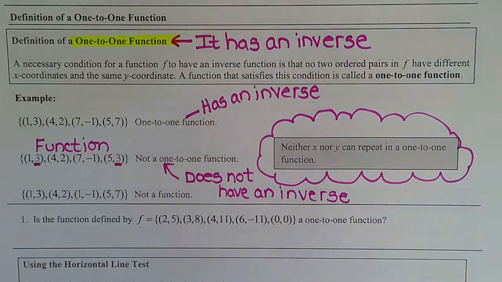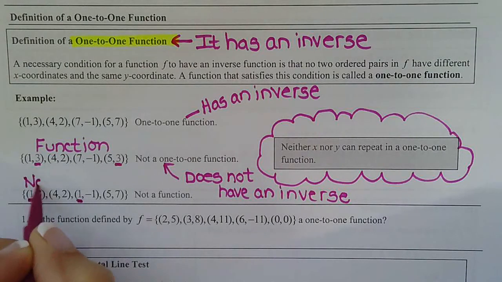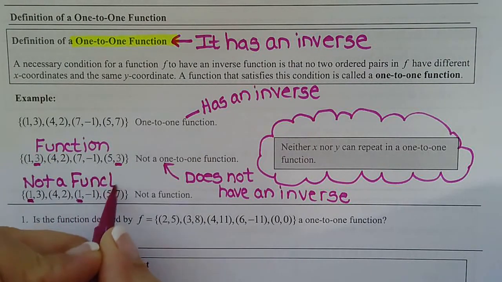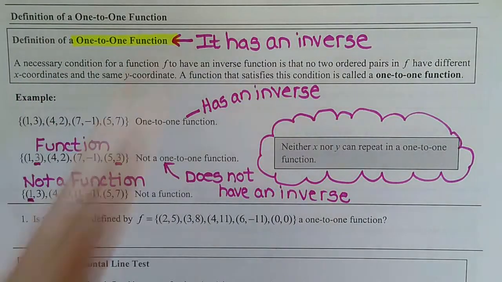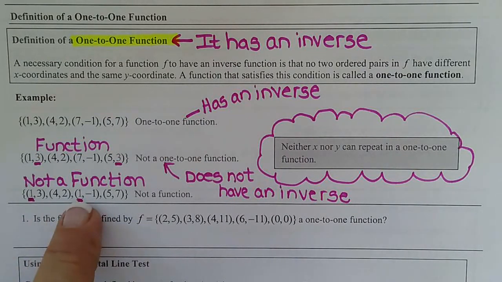Okay, so last one. 1, 4, 1. Ooh, this one's not even a function. So if it's not a function, there's no way it can be a one-to-one. So you don't even have to test it any further, because in order to be a one-to-one function, it first has to be a function, and functions have every x different.